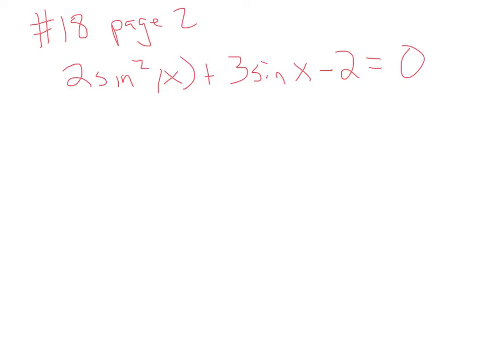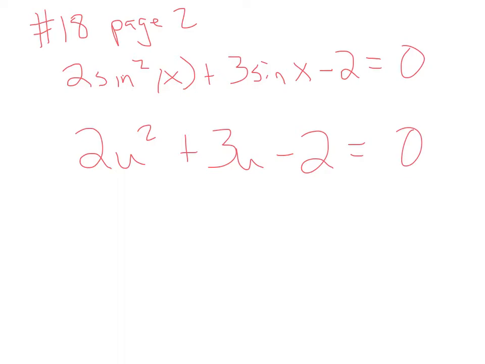So I do a u substitution and say 2u squared plus 3u minus 2 equals 0. Basically, I didn't write it down, but I said let u equal sine of x. Because I don't like dealing in trig. So let's deal in variables, because we've been doing that for years now, and it's much easier to do. Here's a quadratic equation.